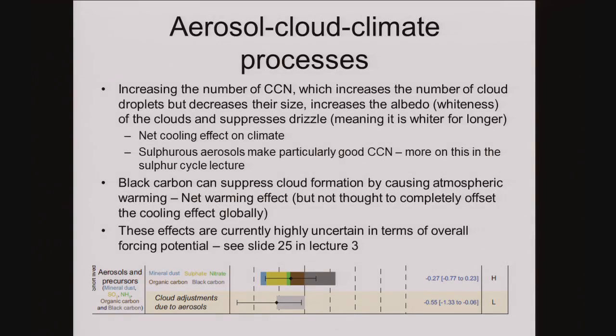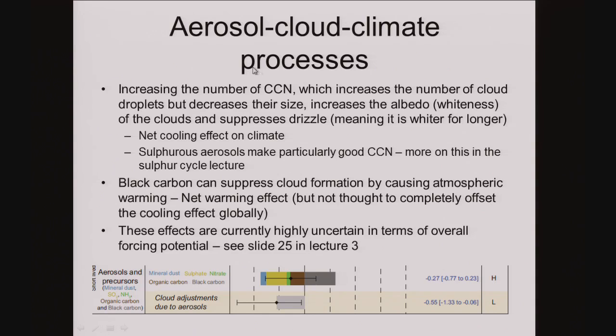Okay, so before we start on going through these numerical questions, someone's just asked me a very good question actually. It was this slide that I want you to read through yourself, but maybe we'll read through it now. So cloud, aerosol, cloud, climate processes.